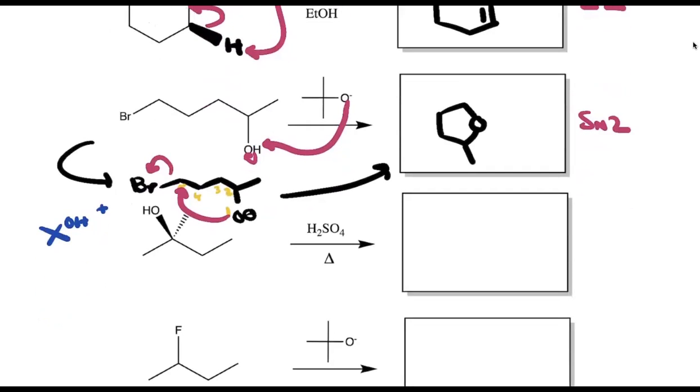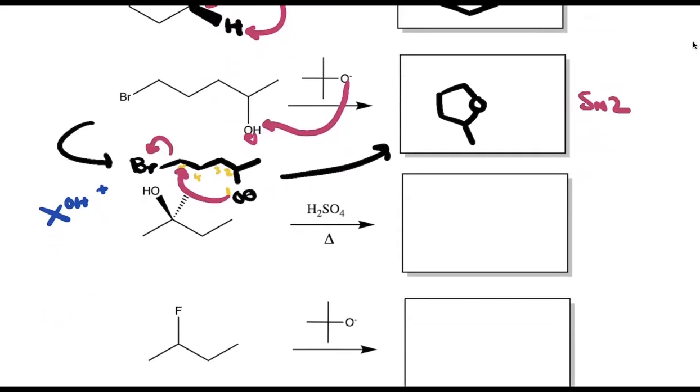All right, next one is a very classic example. Okay, I know it's kind of blocked by my arrow, but it's right there. Sulfuric acid and heat with a tertiary alcohol. What kind of reaction does that remind us of? Elimination. Okay, what kind? E1. This is going to be your E1.